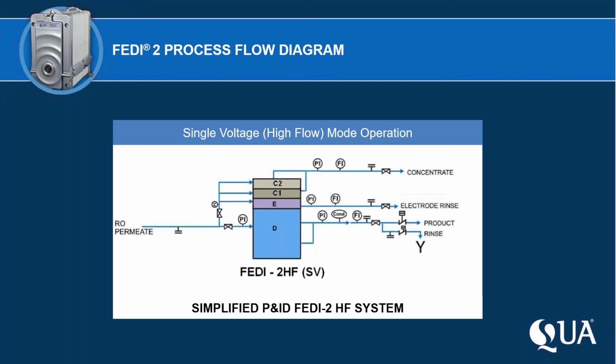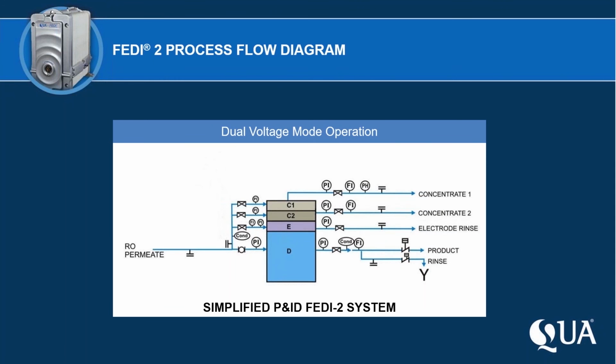But you can get twice the flow from an EDI stack by controlling both. So we have these two stages where we control the concentrate in both. We control the diluting or the deionization, and we actually control the voltage. All three help to make EDI what it is today.